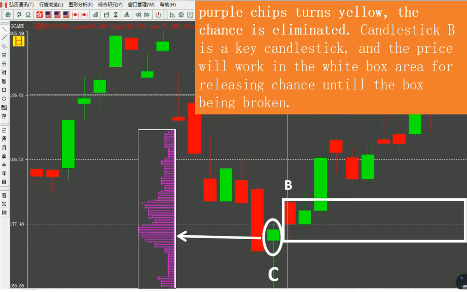Candlestick B is a key candlestick. We can see here that candlestick B can be the key candlestick, and the price will work in the white box area to release the chips until the box is broken. There's a box according to candlestick B, and the upper line of the box was broken upward, which means the price will still go up.